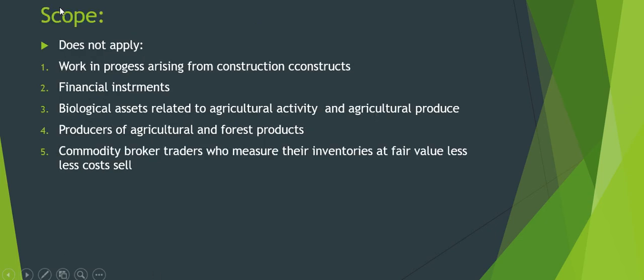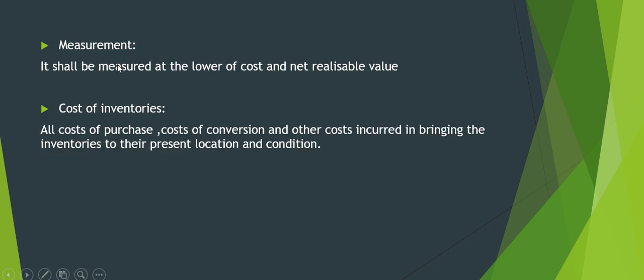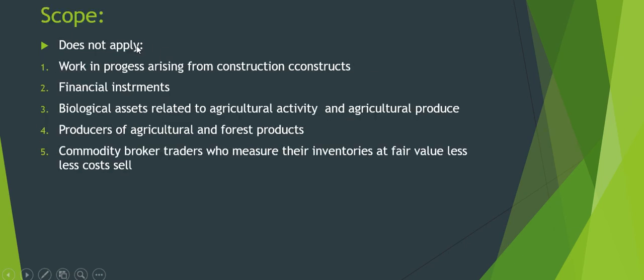So what is the scope? This standard does not apply to the following kinds of items. The first one is work in progress arising from construction contracts. The work in progress from construction contracts cannot use this particular standard for estimating the cost of inventories.